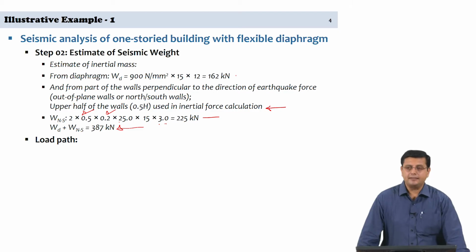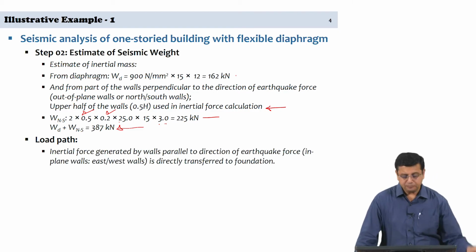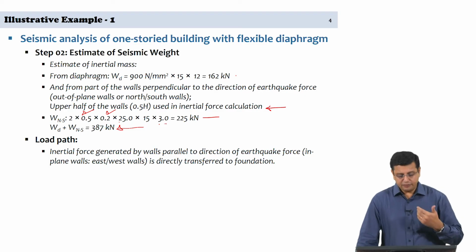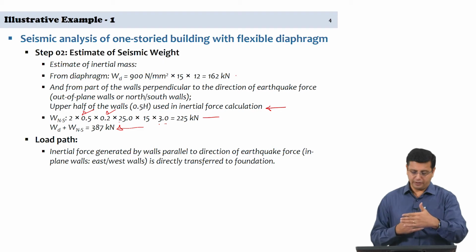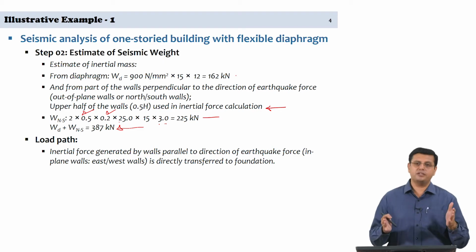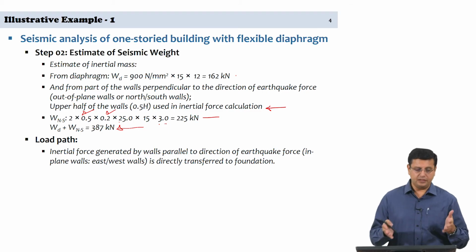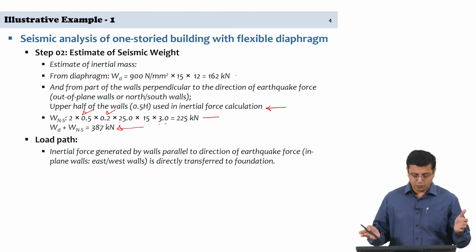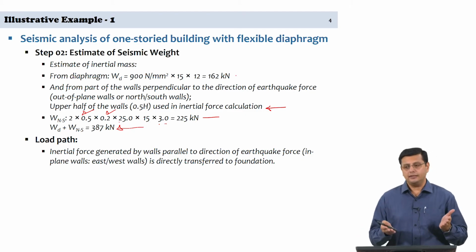Now, if you actually look at the load path in the structure in an earthquake, then we have inertial forces generated. You have walls parallel to the earthquake, you have walls perpendicular to the earthquake. The inertial force generated by the walls parallel to the direction of the earthquake force, these are the in plane walls that we are talking about, which were the east and the west walls, is directly transferred to the foundation.